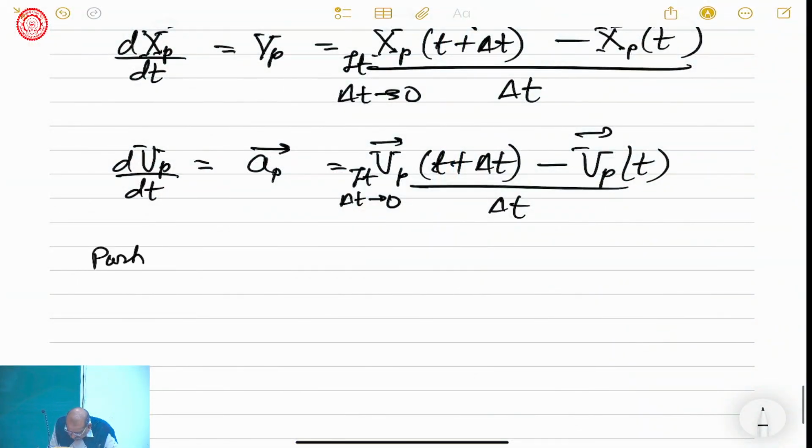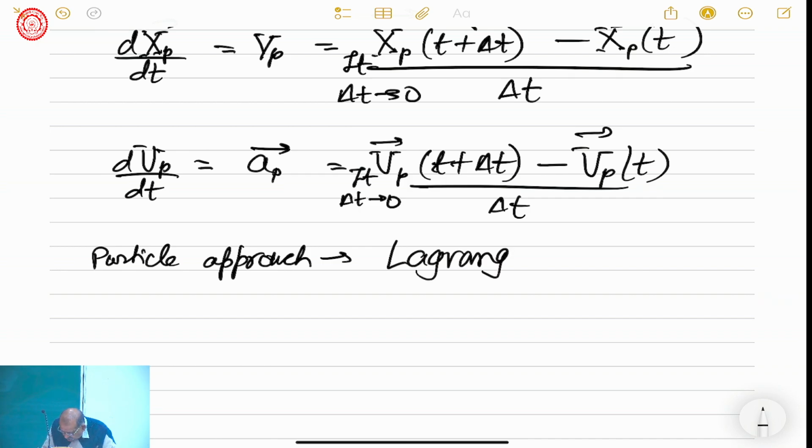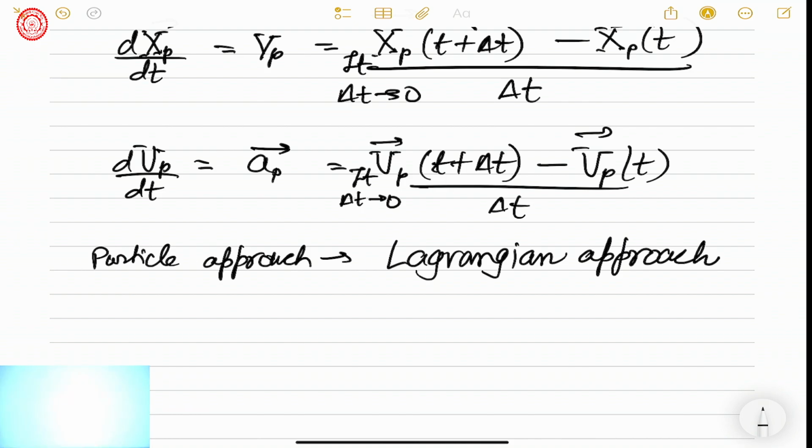Now this particle approach is also called the Lagrangian approach.